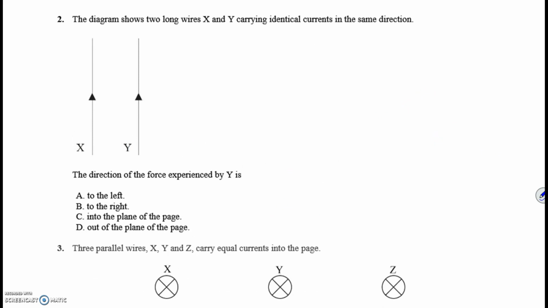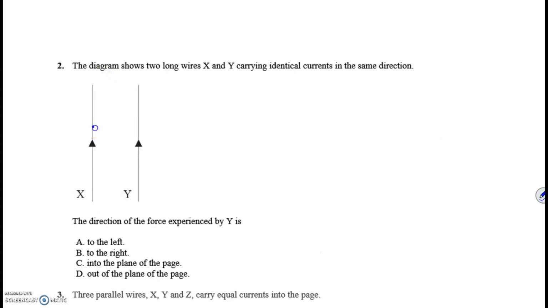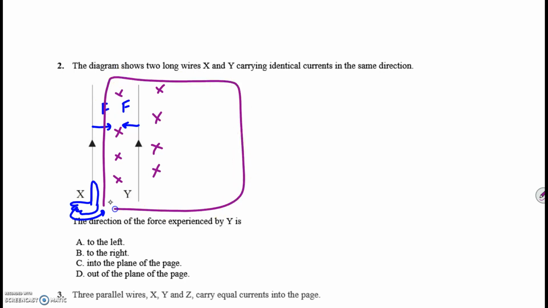We've got two long wires going in the same direction. We've learned that when they go in the same direction, they attract. There's an attractive force. We could figure this out: stick our right thumb along the current and curl our fingers toward our palm, and we find that X's B field points into the page all the way on this region of current X. And over here, X's B field would point out of the page.